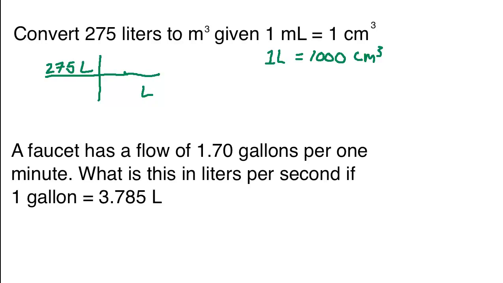Had to make sure I was saying that right. So 1 liter would be 1,000 milliliters, and that would mean that if 1 milliliter is equal to a centimeter cubed, 1 liter is equal to 1,000 centimeters cubed. So what I can do is say that 1 liter is going to equal 1,000 centimeters cubed. So I can start with that.